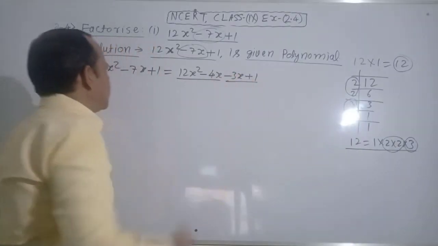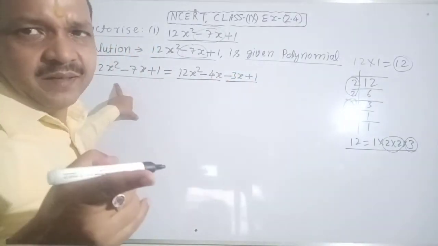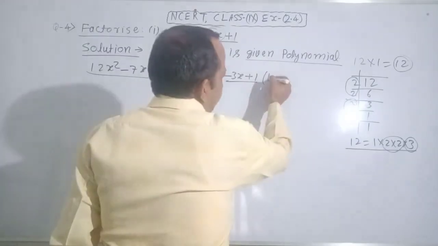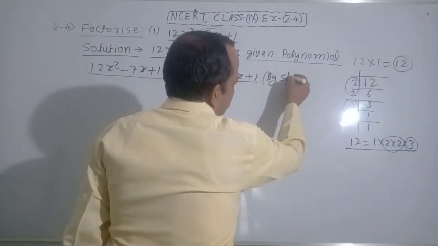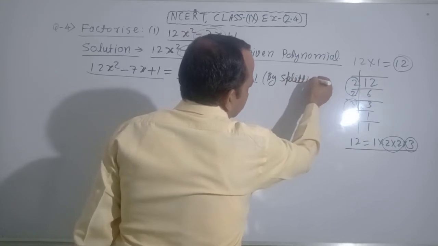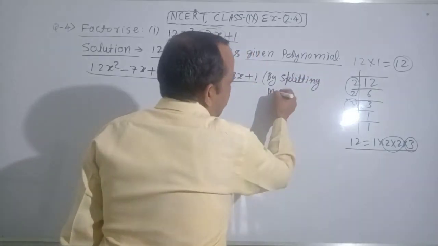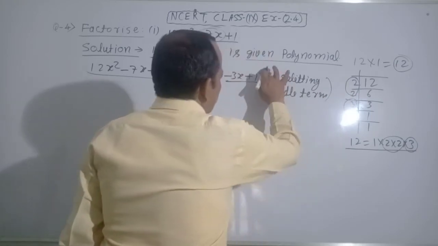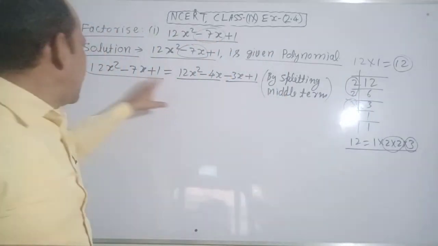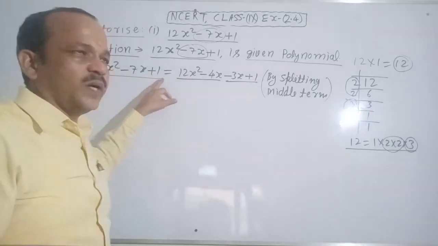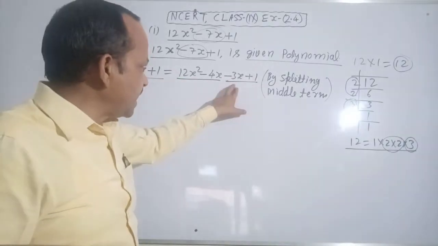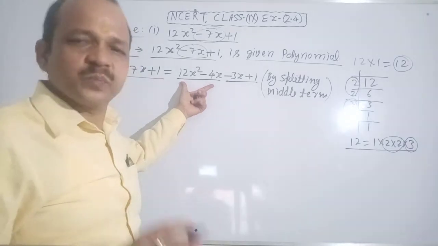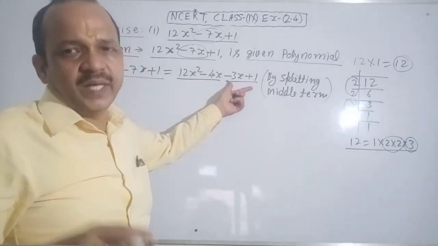You make two pairs: 12x square minus 4x is the first pair and minus 3x plus 1 is the second pair.